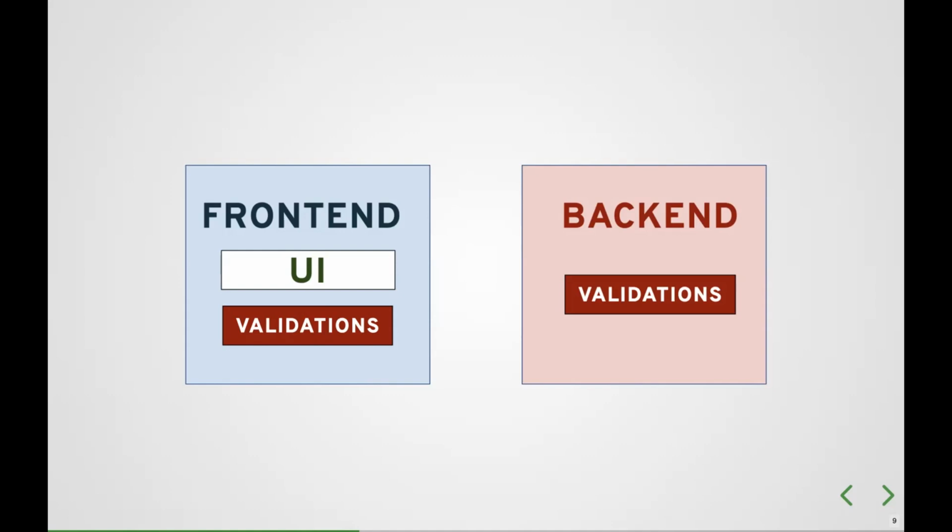And at the same time, validations at the front end are of utmost importance from a user experience perspective. So whenever a user enters some value, we need to give him real-time feedback saying if it is right or not, and give him suggestions saying, okay, do this or that, so that he can make the form a valid state. So if you can see, there are two different things, UI and validations.